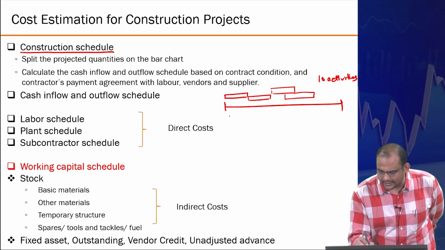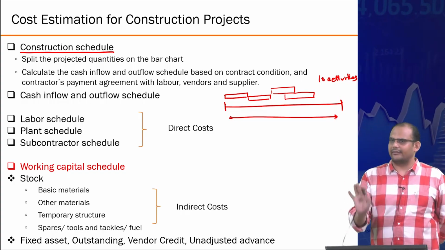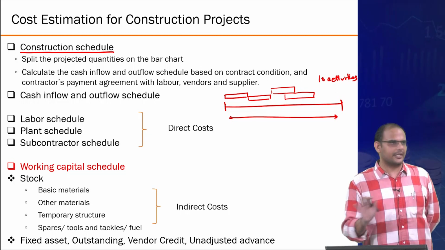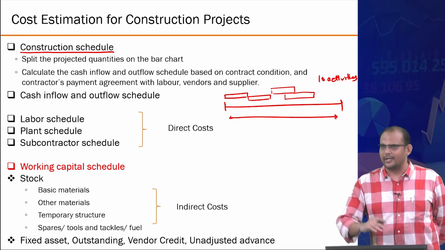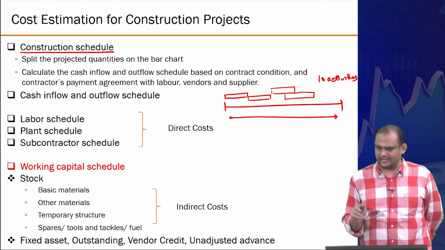The time-related information on when each event is happening is given in the construction schedule. How to prepare a construction schedule is not the scope of the current class. In this case, you are given the construction schedule. There is a whole science and engineering around that, which we cover in a different class.